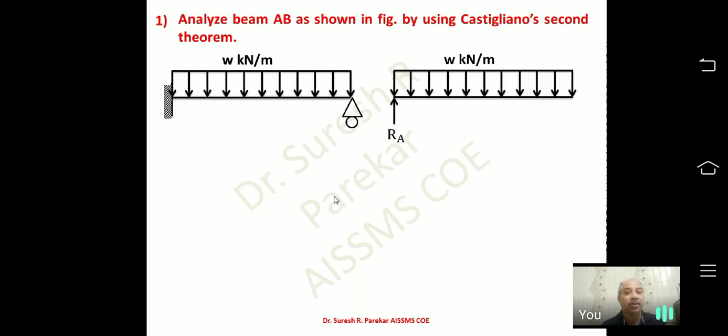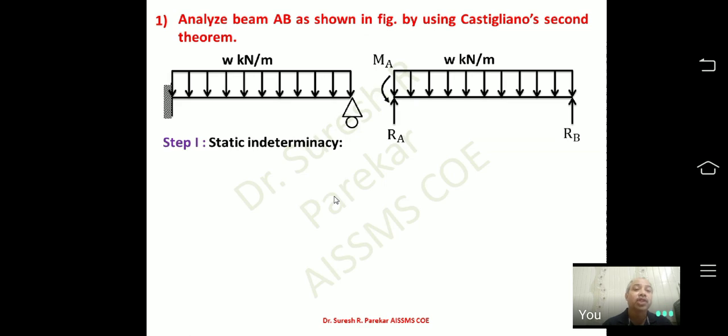The same problems I have considered so that you can compare the answers, and compare how much time is required for this method. When you go for Castigliano's second theorem, you have to find the static indeterminacy. If you go to the slope deflection method, you have to go for kinematic indeterminacy. For flexibility, again static indeterminacy. If we go to stiffness, then you have to go for kinematic indeterminacy.